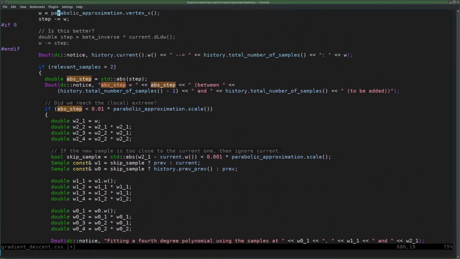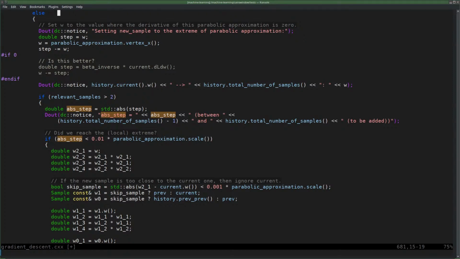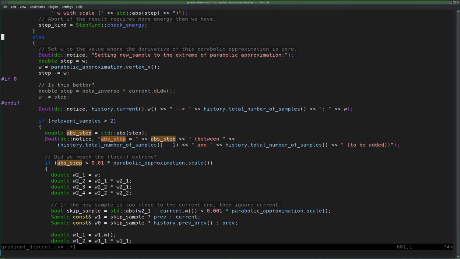Yeah, I think that... This is where it was set in this scope, wasn't it?